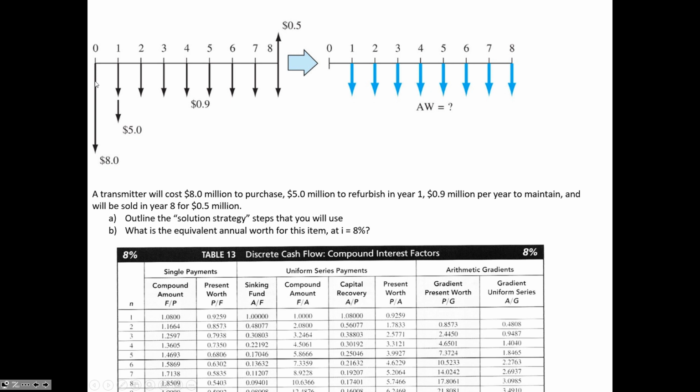So for example, take F equals negative 5.0 at year 1 to year 0 using, okay, now we have to think in terms of our language here, find P given F, i equals 8%, N equals 1.